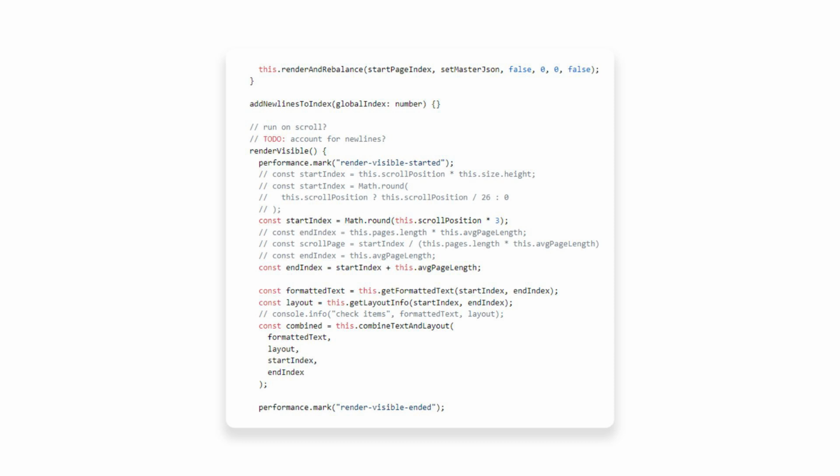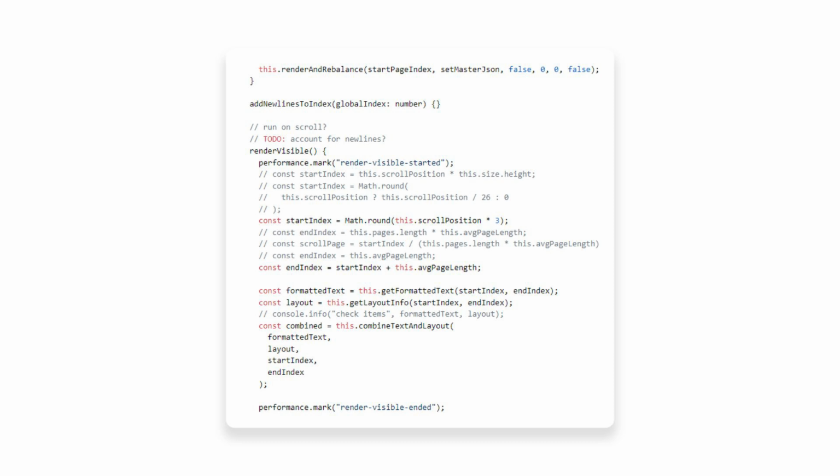3. Content retrieval. It retrieves formatted text and layout information for the specified index range using helper methods getFormattedText and getLayoutInfo. 4. Combining outputs. The formatted text and layout info are combined using the combined text and layout method to create a unified representation for rendering.